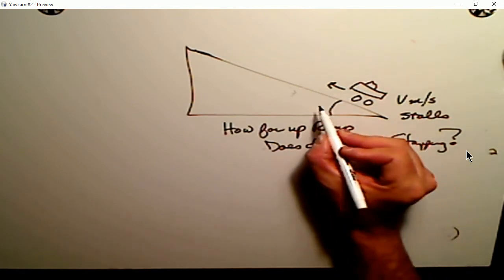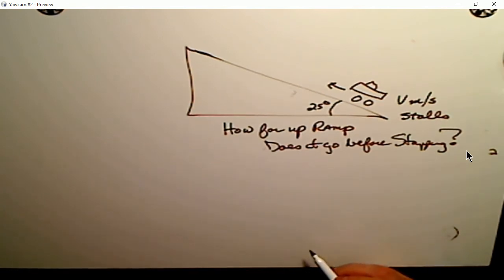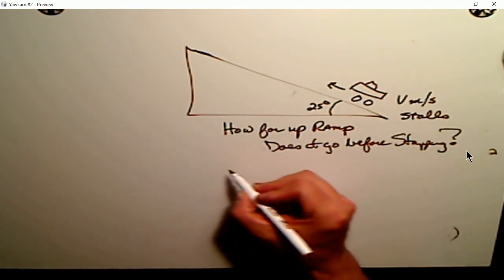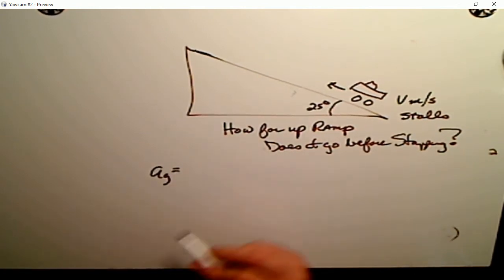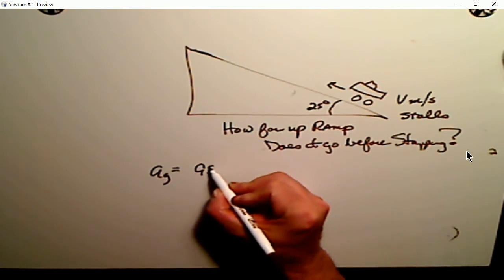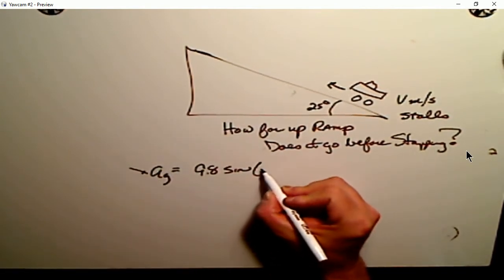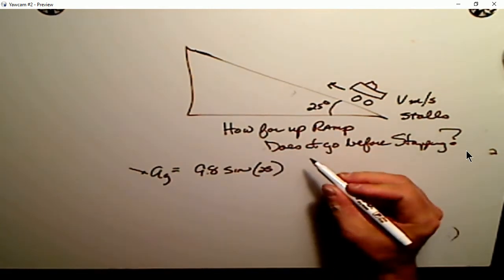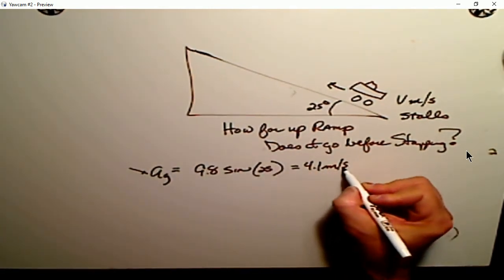If we talk about this being the same degree at 25 degrees that we had in the previous example, we still have our acceleration due to gravity equals 9.8 times sine, it's coming down this ramp, of the angle 25, just like we got in the last example, 4.1 meters per second squared.